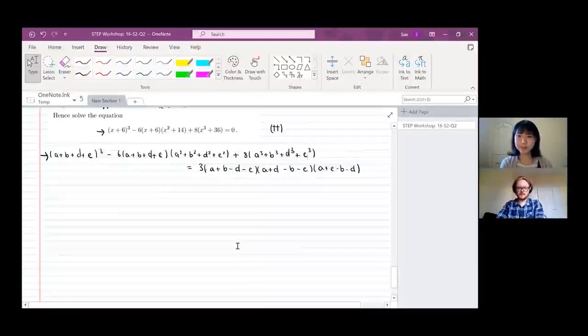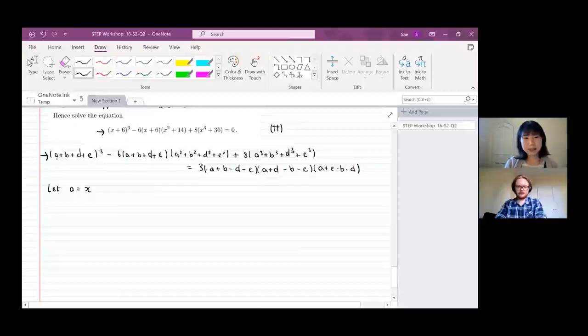Any suggestions for, say, A? Yes, precisely. So let A equal x, because then we have an x plus stuff, and then 6 minus 6x plus stuff, plus x squared plus stuff, etc. And that looks almost like what we want.